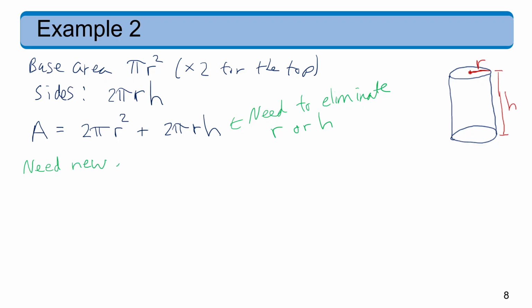So we need a new equation that involves the 2 variables r and h. So think about, is there something from the geometry that we could write, or is there some given information we haven't used yet? And there is an important piece of information we haven't used yet, and that is the volume has to be 1,000 cubic centimeters. So that has to be used at some point in the solution, right?